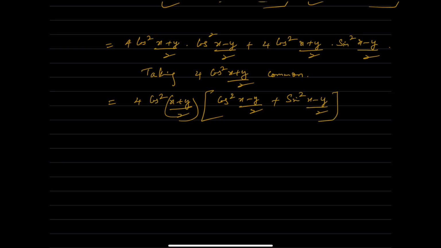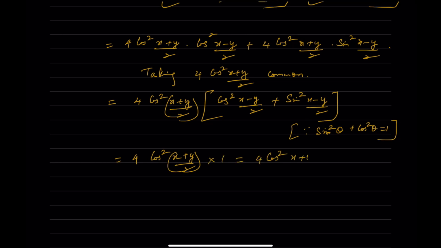So this part is equal to 1 since sin square theta plus cos square theta is equal to 1. So you can write this as equal to 4 cos square (x plus y by 2) into 1, which is equal to 4 cos square (x plus y by 2), which is equal to RHS.